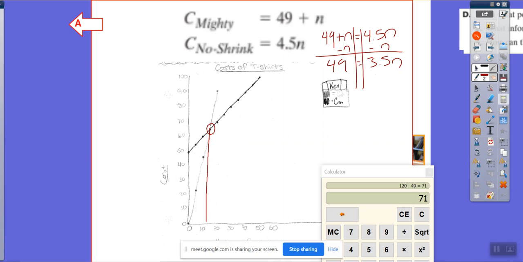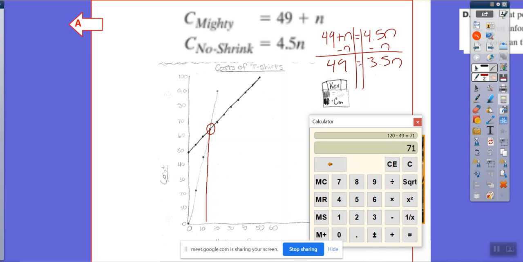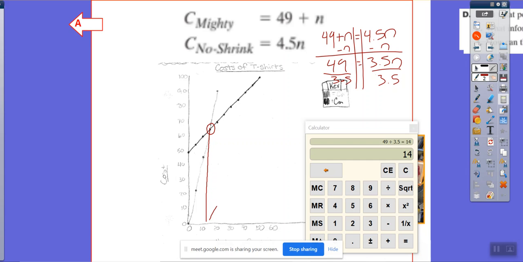Well, a number times 3.5 is 49. So let's go 49 divided by, because the opposite of multiplying is dividing by. And let's see what we get. So 49 divided by 3.5 is equal to 14. Exactly. So it is at 14 shirts.